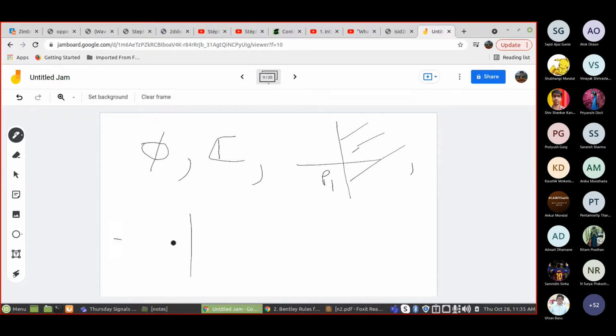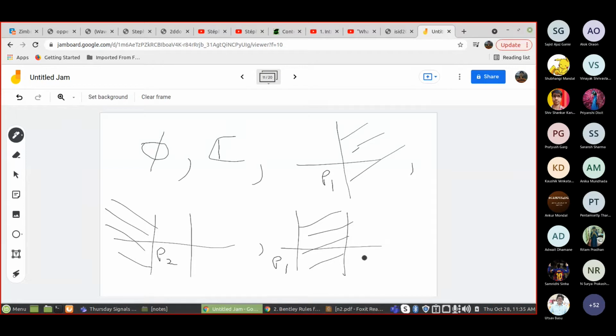It can be something like this, everything to the left of something, or everything between P1 and P2. So your ROC will be one of these 5 types. It cannot be something different from this.